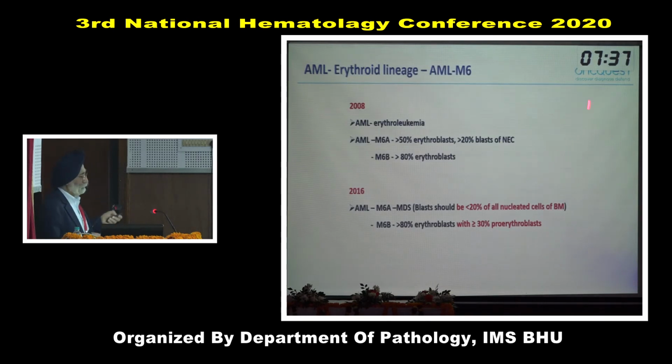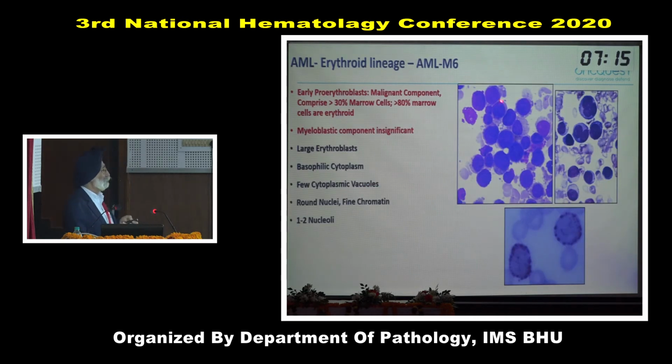Now M6, the definition has changed. Earlier we had M6A, M6B. Now we have a new classification where there is only one entity, pure erythroid leukemia, where the blast cells should be more than 20% and more than 30% should be proerythroblasts. Proerythroblasts are diagnosed based on morphology, with rounded nuclei, open chromatin, prominent nucleoli.